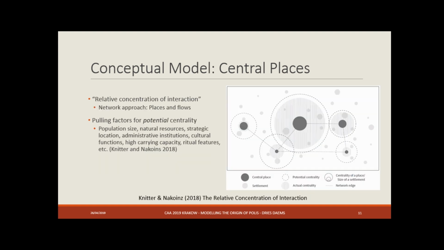This is what has been called the relative concentration of interaction, and those constitute a form of pulling factor for potential centrality within the landscape. So this is a much more nuanced perspective than that of the original central place theory model, and this actually allows you to start modeling some of the drivers behind the processes that we see.